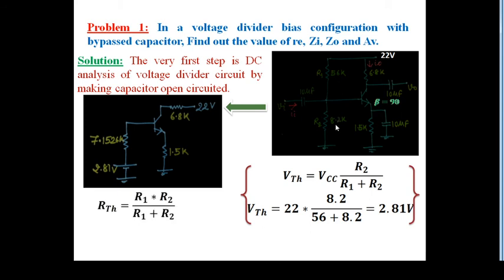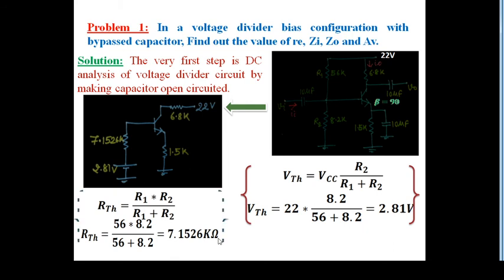This is simple DC analysis for the voltage divider circuit. So it will give 7.1526 kilo ohm, R1 R2 by R1 plus R2. I am not writing kilo ohm because the 10 to the power 3 in the numerator and the 10 to the power 3 in the denominator cancel, so only kilo ohm remains.